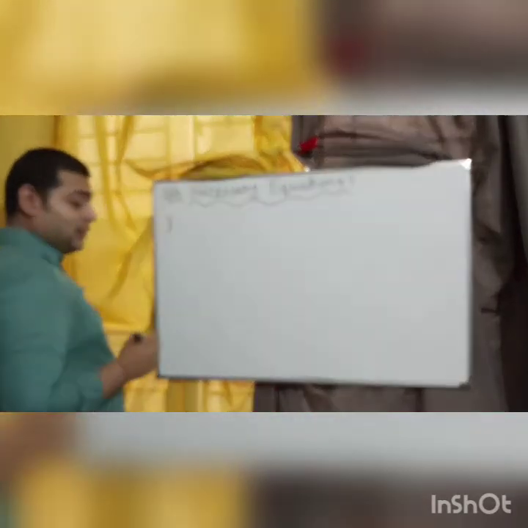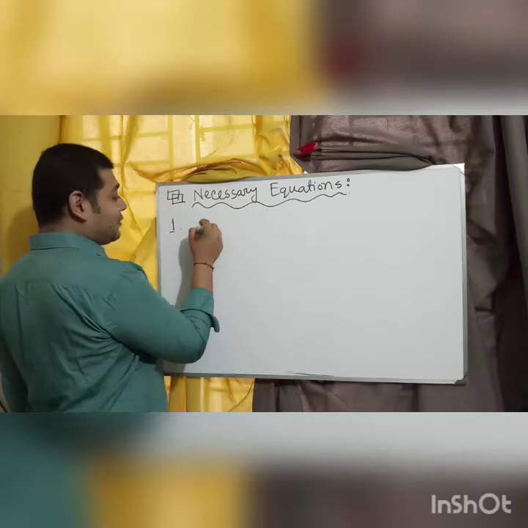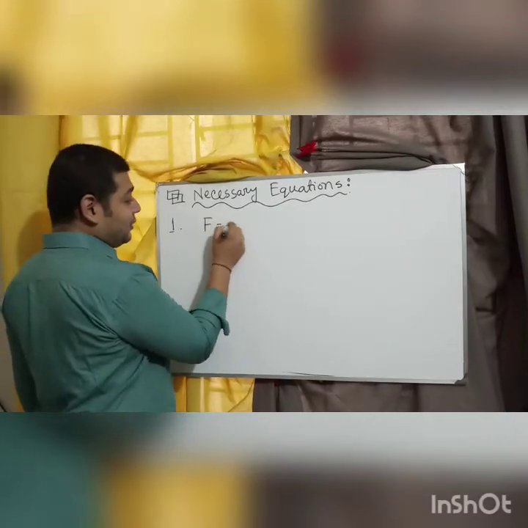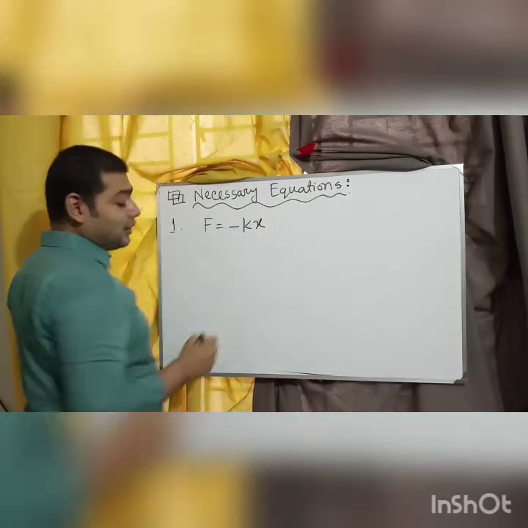The first equation from this chapter is F = -kx.